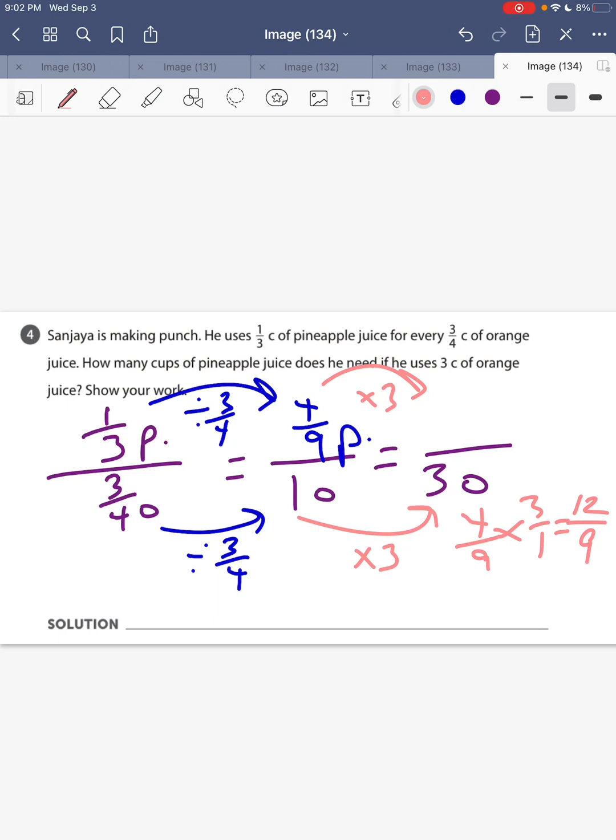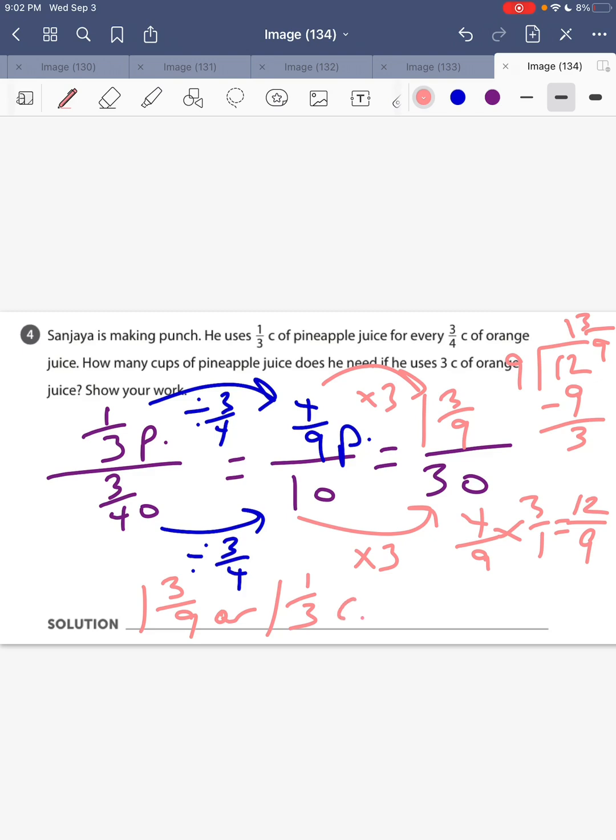Okay, so what we could do is divide that. Top dog gets the house. 9 goes on the outside. How many times will 9 go into 12? 1. 1 times 9 is 9. Subtract, you get 3. So that's 1 3/9. So how much is it? 1 3/9, or 1 1/3 cups of the pineapple juice. Okay.